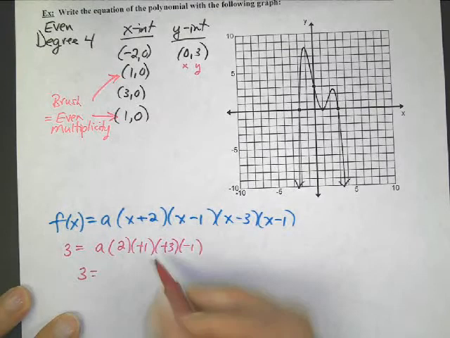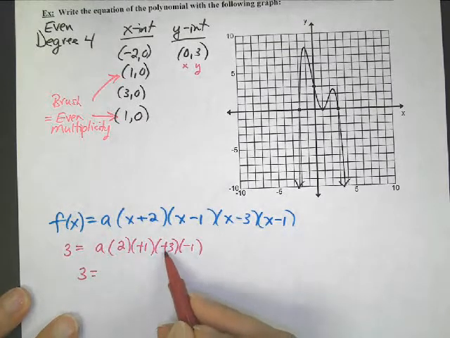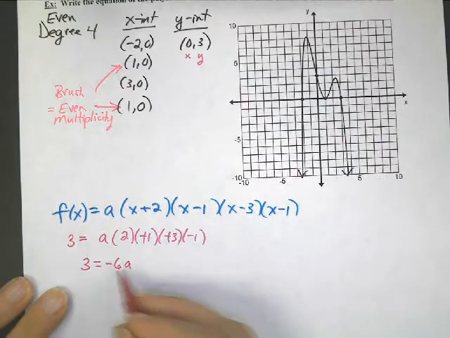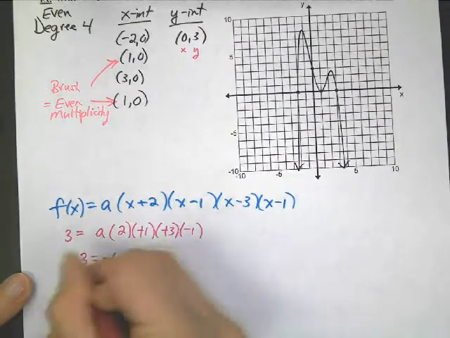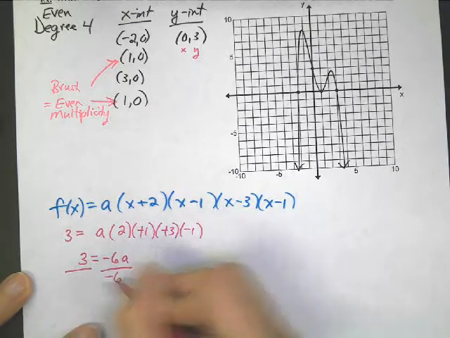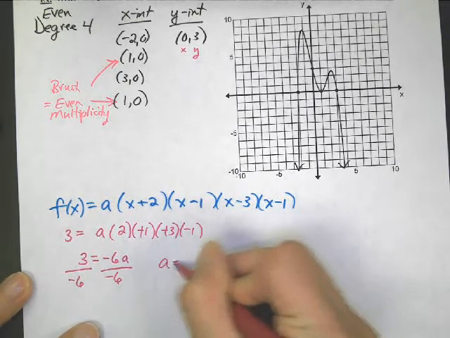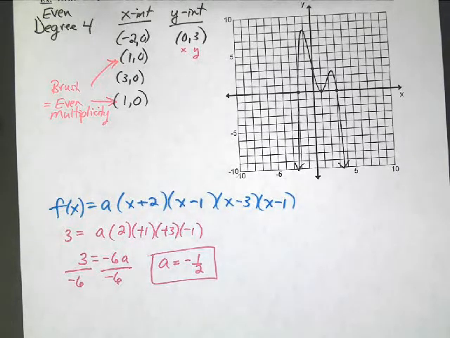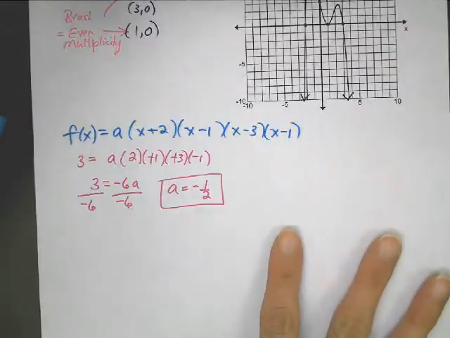So 3 equals, let's see, 2 times 3 is 6, so that's negative 6a. Do your work carefully here because sometimes people mess up with the fractions. Divide both sides by negative 6. So a is negative 1/2. Oh, that's going to get messy. But we'll save that for the very end. That'll be the last thing that we do.